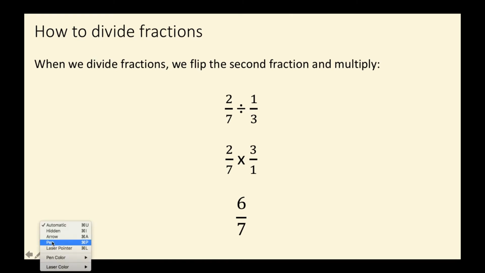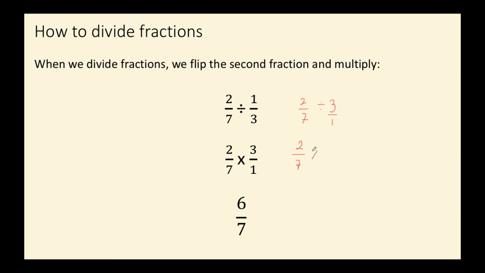The only thing I haven't added into my lesson is if you had something like 2/7 divided by 3. So in this case what we'd do is we'd change it to a fraction instead and put a 1 on the bottom. And then we would write it like we did before, 2/7.